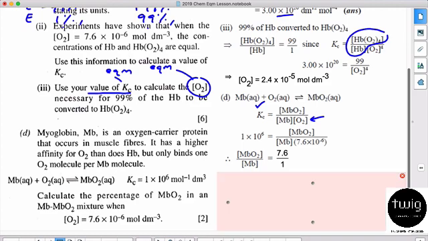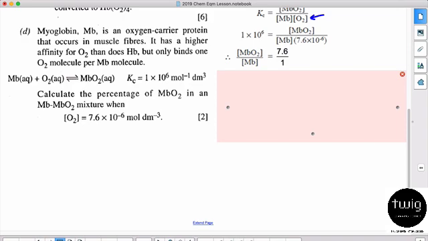So what is this question asking for? The question is asking for the percentage of MbO2. This is oxygenated Mb, the oxygenated compared to the entire Mb, because some are oxygenated, this is the non-oxygenated, this is the oxygenated one.